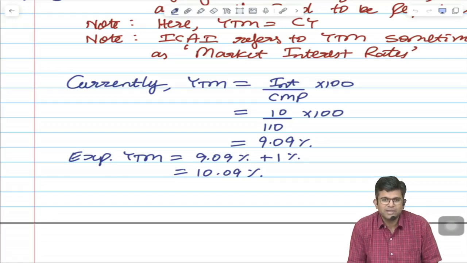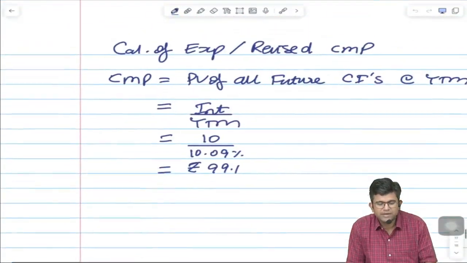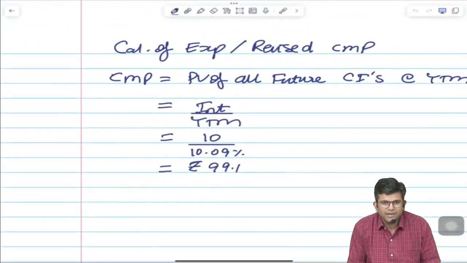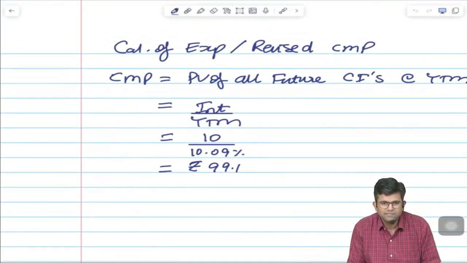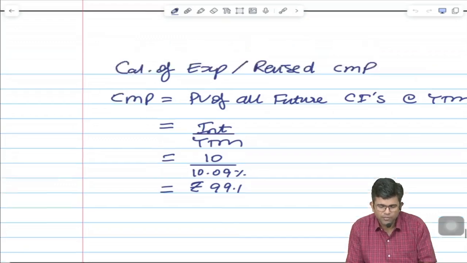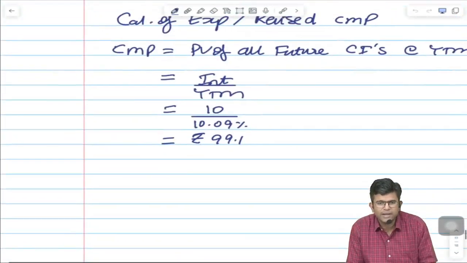Now the majority of people are saying, hey, outside the interest rates are increasing, so the required return is now going to 10.09. Do you realize that if the required return goes to 10.09, the bond price has fallen? YTM increases, bond price falls. Am I making sense? It fell from 110 rupees to 99.1.